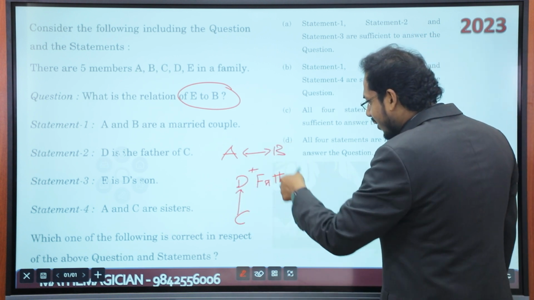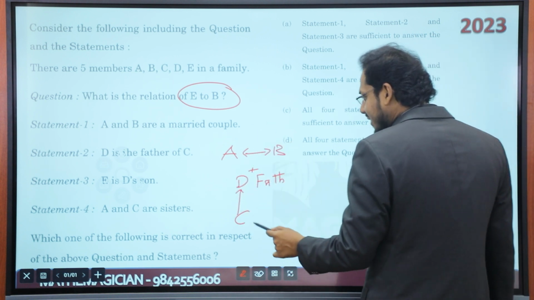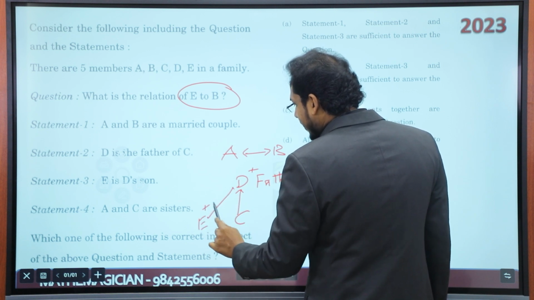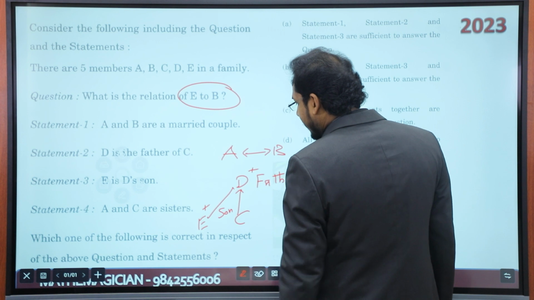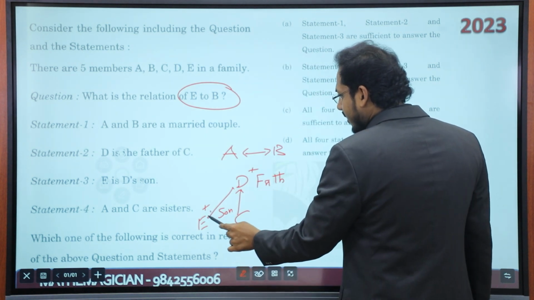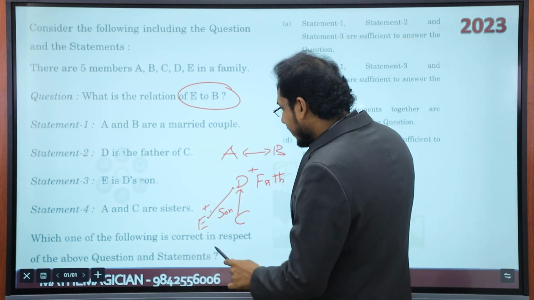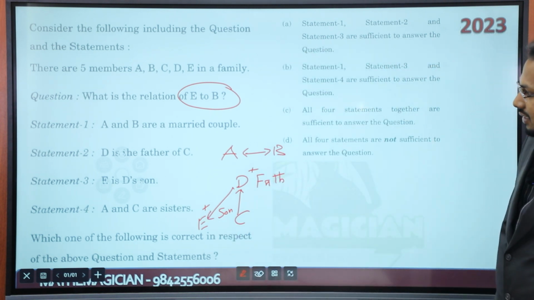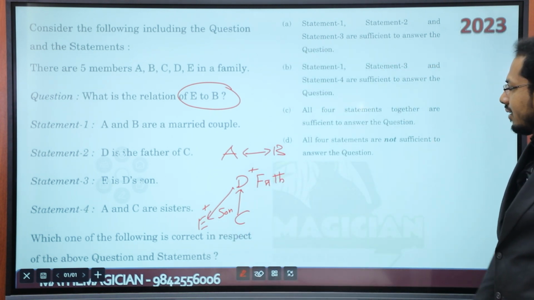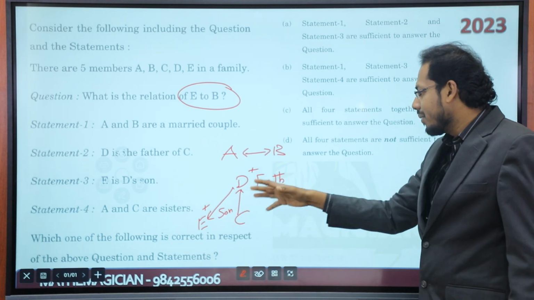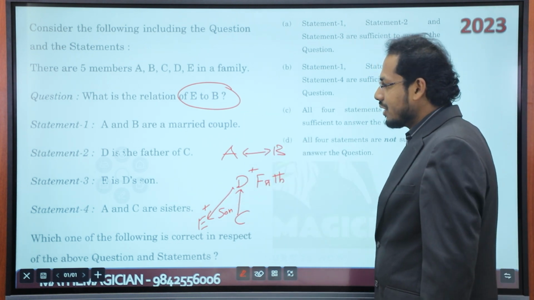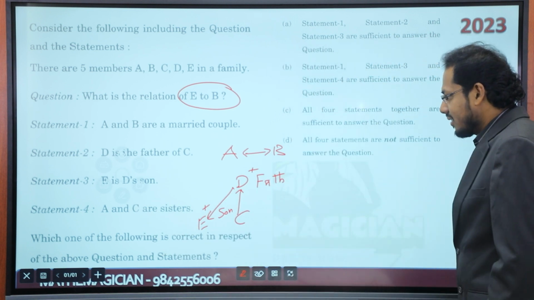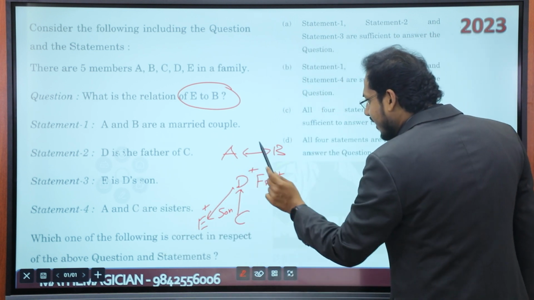E is not given here, D's son is E. Everything is right. Still, E and B: E is here, B is here, but I am not able to connect these two. Let's see the last statement. A and C are sisters.